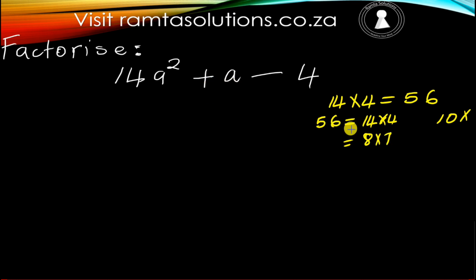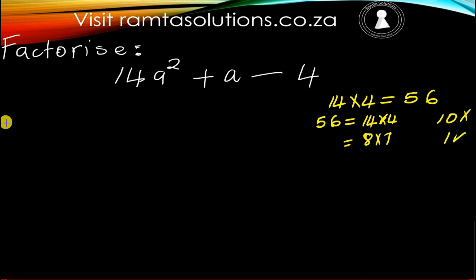When you look at 8 times 7, since this value is negative, the bigger factor must take the sign of the middle term, which is positive. The bigger factor here is 8, so we say 8 minus 7. What is it? It's 1. So we are good to go.